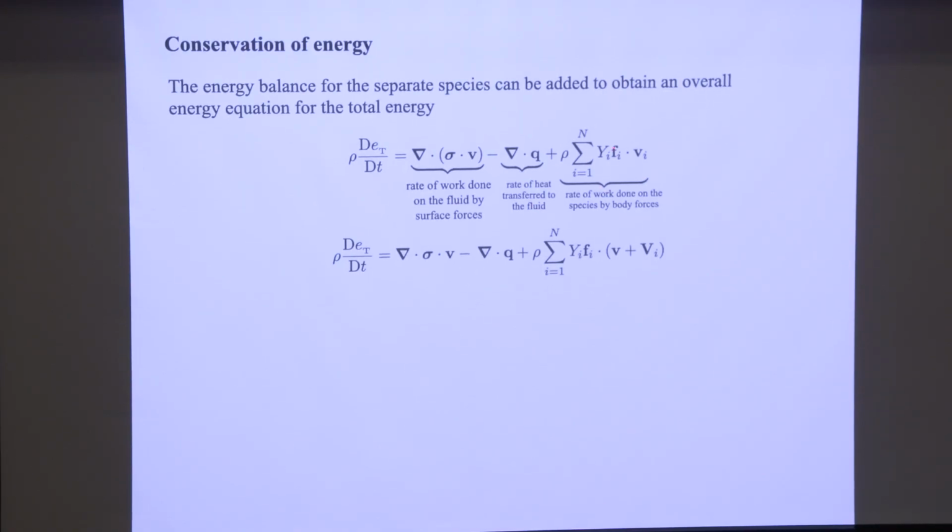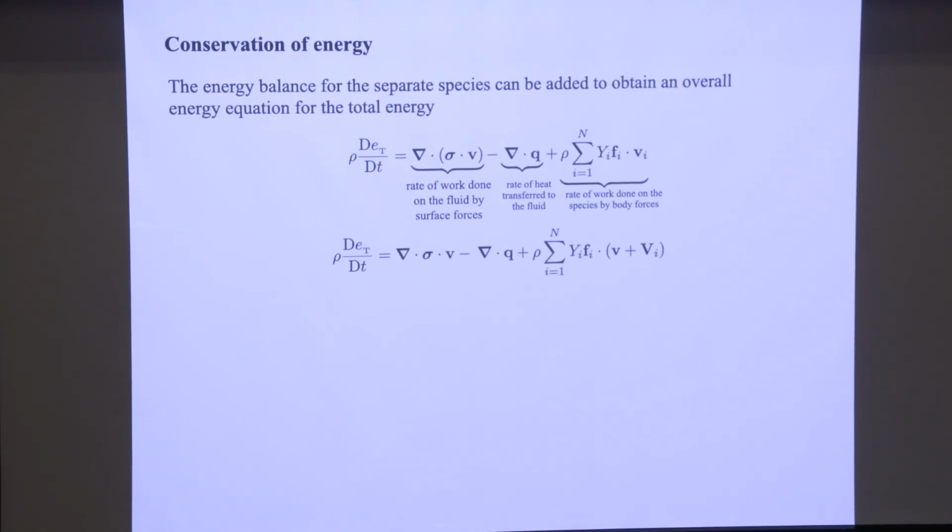But now if I leave the Fi not all equal, as I mentioned before, then that term can be written as sum of Yi Fi, and I replace the Vi with the velocity of the mixture and the diffusion velocity, okay?